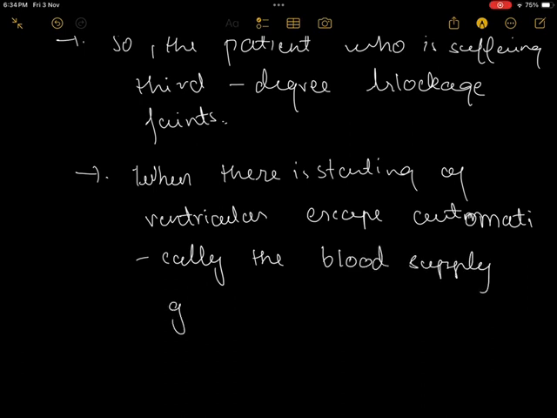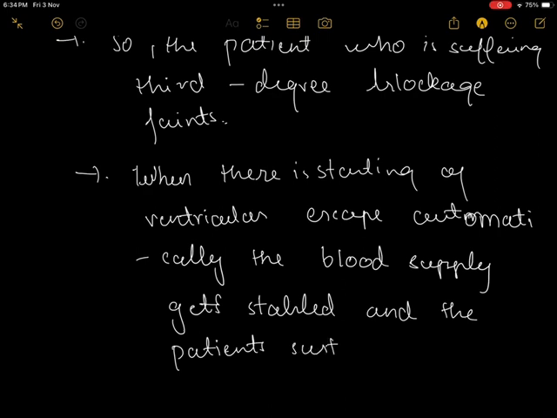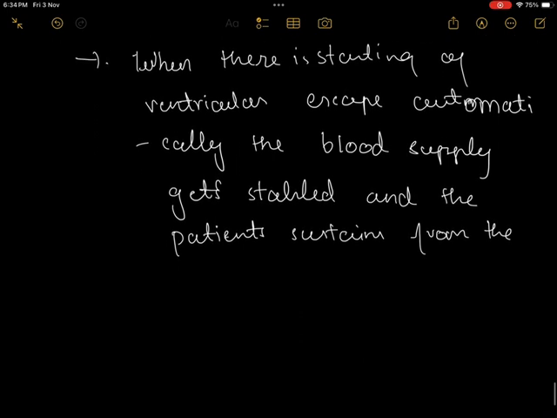Blood supply gets stable, and the patient recovers from the faint. Usually this type of fainting will be seen in the patient periodically over time. So this type of periodic fainting is regarded as Stokes Adam syndrome.